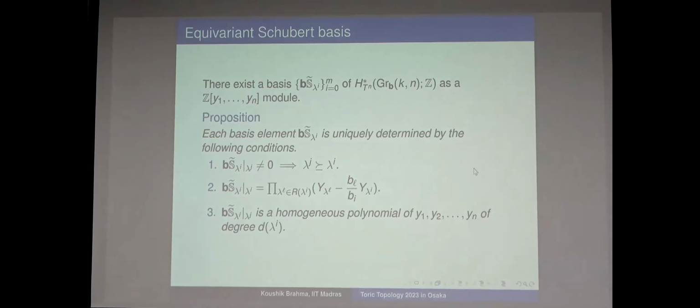First, if its lambda j coefficient is non-zero, then lambda j must be greater or equal to lambda I. And for the lambda I component, it should be the product of y lambda I minus y lambda L, with BL by BI, and for the other components, the lambda jth component is a homogeneous polynomial of y1, y2, ..., yn of degree d lambda I.